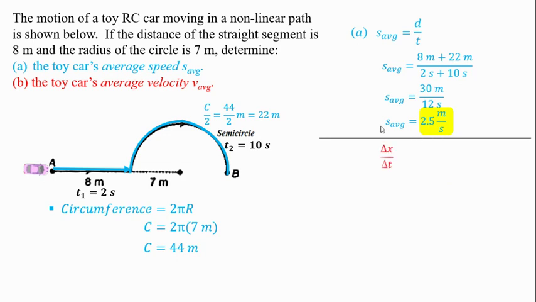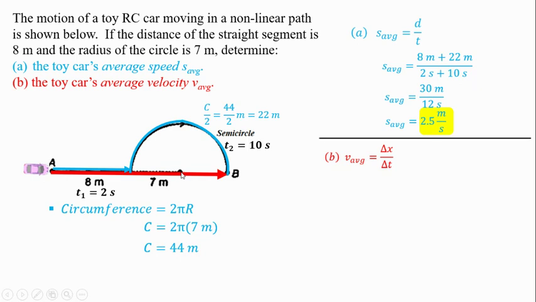Let's do part B. Part B asks us to find the average velocity. So all you have to do is look at the physics formula. Delta x is a straight line from start to finish, aka your displacement. In this case, it's pretty straightforward because from A to B, it's just a straight line. To find that distance is pretty easy. The first part is 8 meters. The radius here is 7.